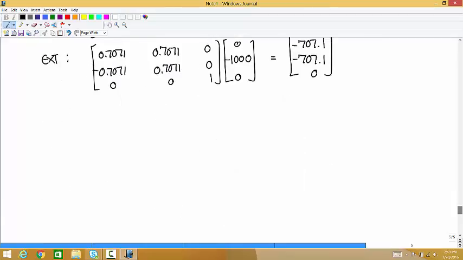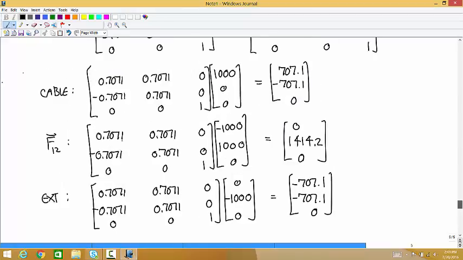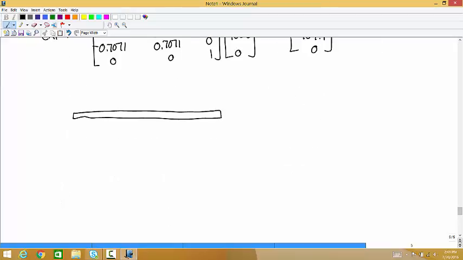So now you can redraw this problem like this. Positive 707.1, negative 707.1.